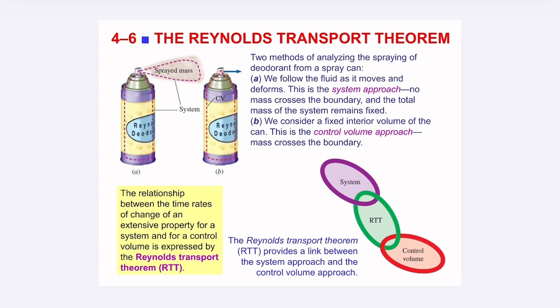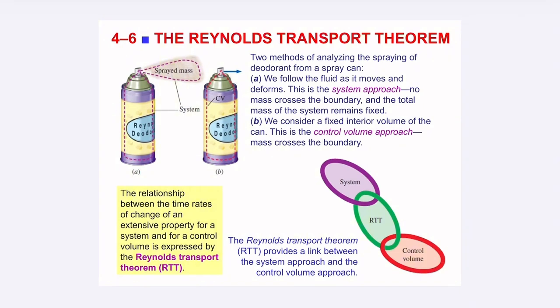Okay, let's start with the difference between the system approach and the control volume approach. Figure A is about the system approach. So think of a spray can of deodorant.